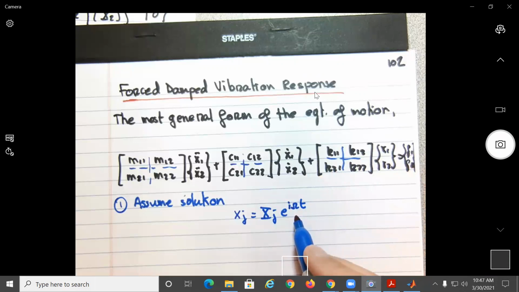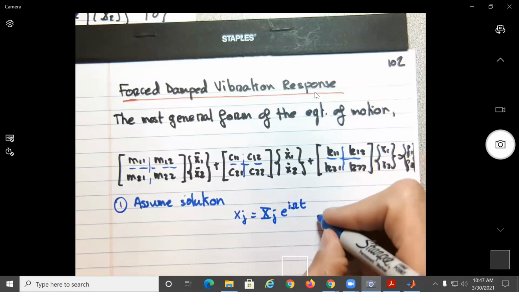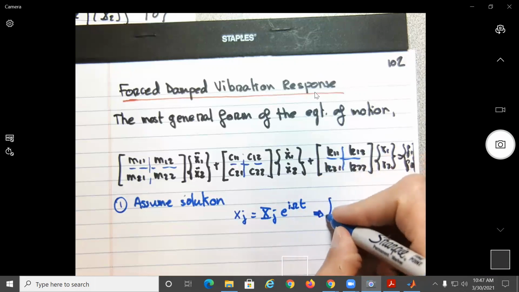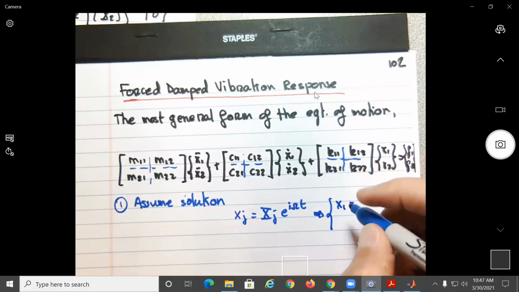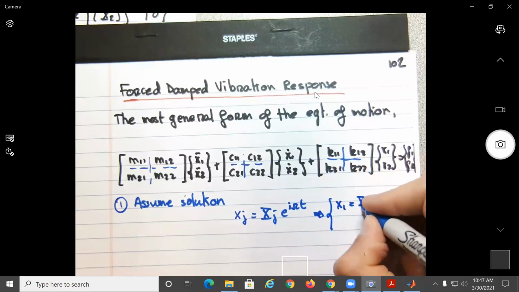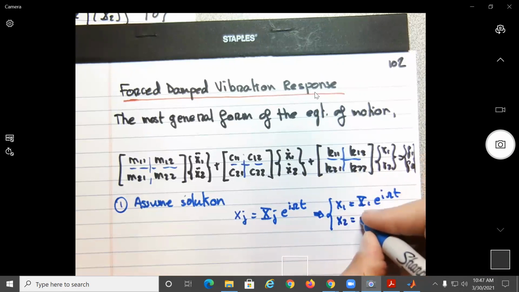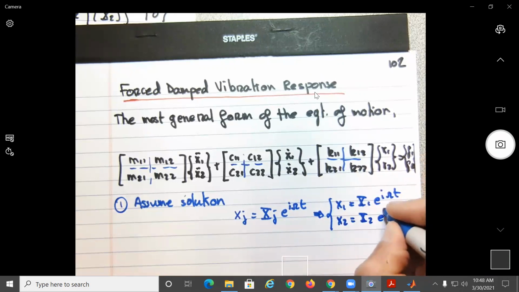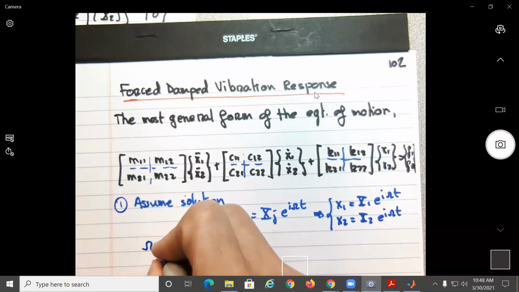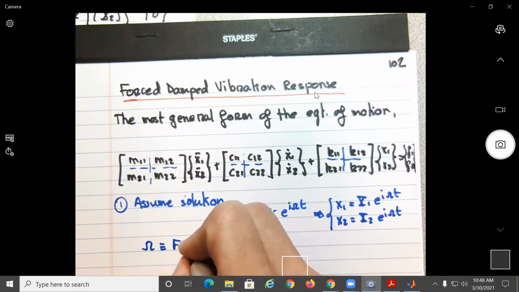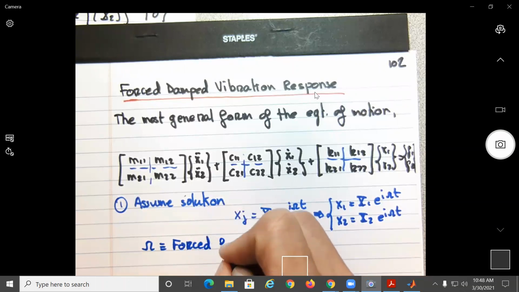Well, what is the capital omega? This time is not the natural frequency. This is the forced frequency, no? Okay. So this is equivalent to what? We're assuming x1 equal to capital X1 e^(i omega t), and this is equivalent to x2 equal to capital X2 e^(i omega t), where omega here is the force frequency.